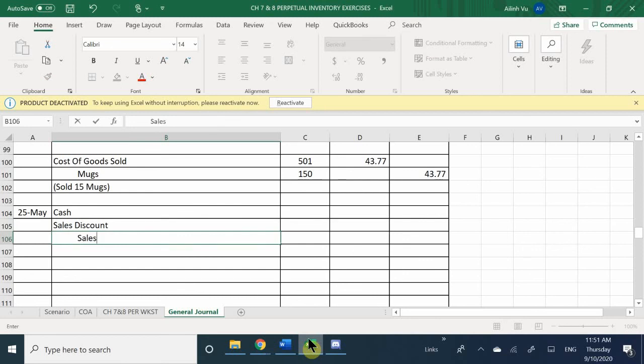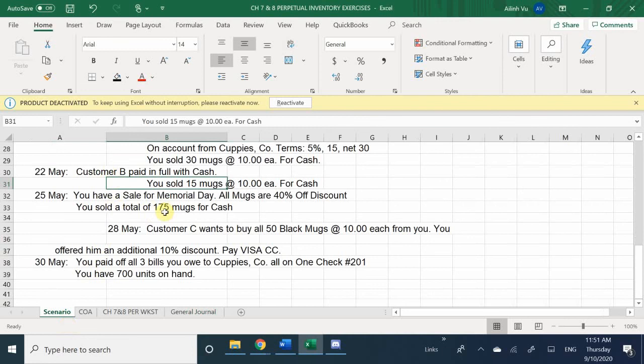Yes, sales. So in this case, we sold a total of 175 mugs, right? If each cup originally is $10, so 1750. So we sold a total of 175.